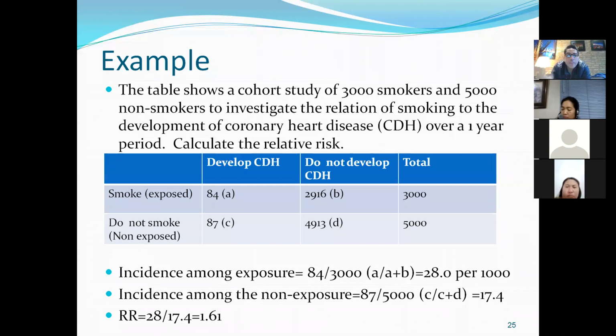So basically, we would report this that men and women who smoke have a 1.61 higher relative risk of developing coronary heart disease over a 1-year period when compared to men and women who did not smoke. So that's 1.61.